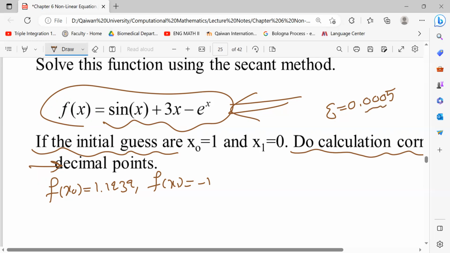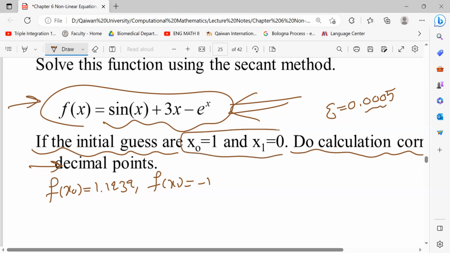Look, we found f of x0 and f of x1. How to find them? We just replace x here by 1 and by 0 to get these two values. You can use a calculator to find these values. It's easy.